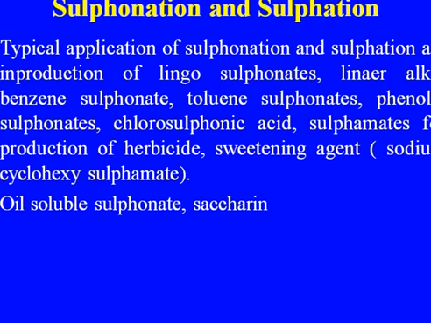Typical examples of sulfonation and sulfation are the production of lignosulfonates, which is very important because the lignin we get from the paper industry, which we separate during the pulping process, can be used for the manufacture of lignosulfonate, toluene sulfonate, phenolic sulfonates, chlorosulfonic acid, sulfates, production of herbicides, sweetening agent, oil soluble sulfonate and saccharin.